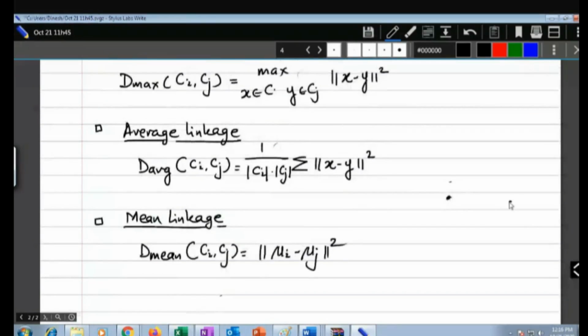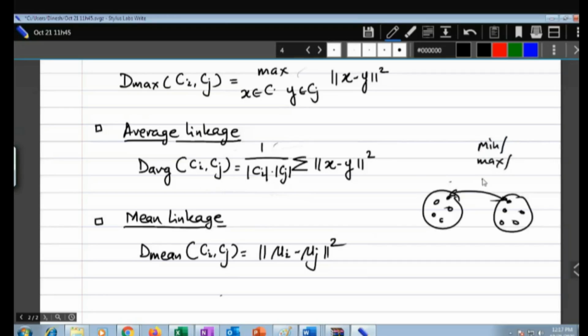If you have only two points, there is nothing difficult in finding this, since you have already found the Euclidean distance. But if there are groups of points, and you say this is one cluster and this is another cluster, then which distance should be chosen? You can have min, max, average distance, and the distance between the means of the clusters.